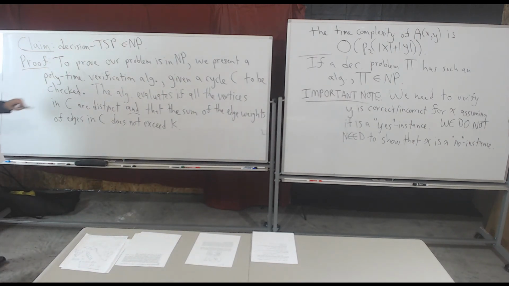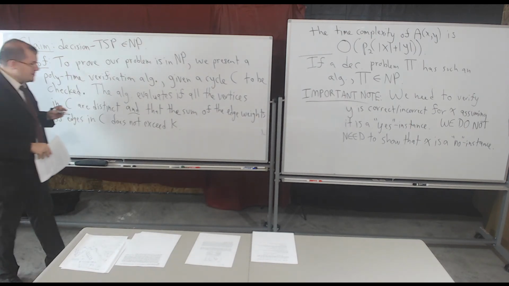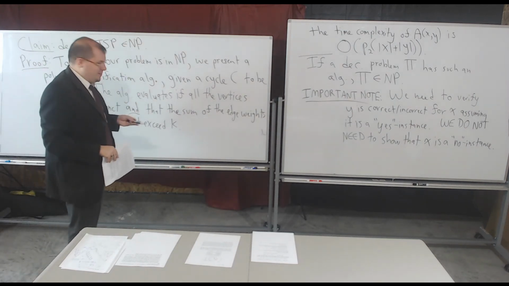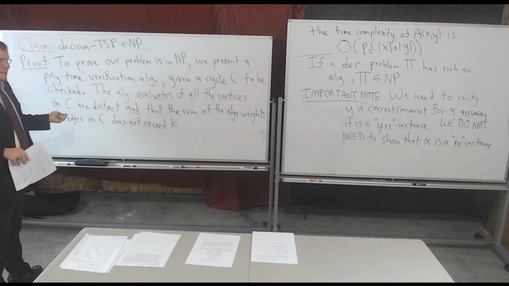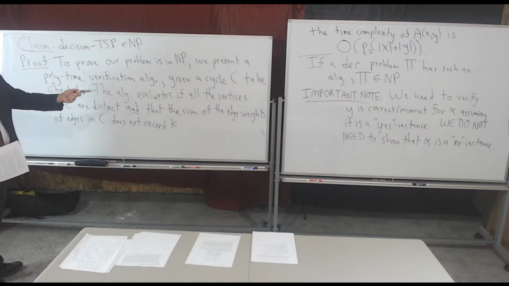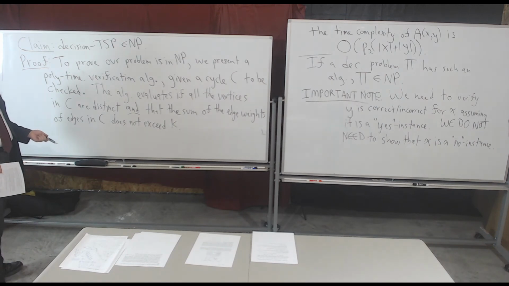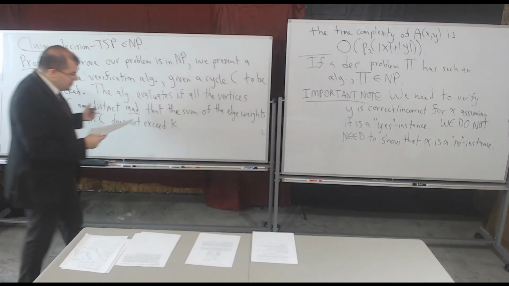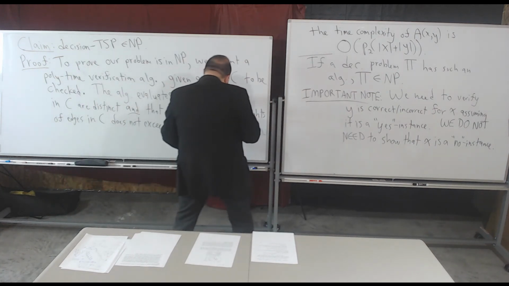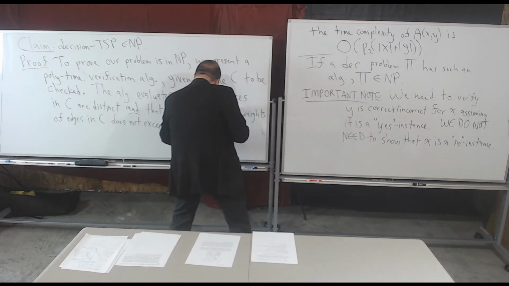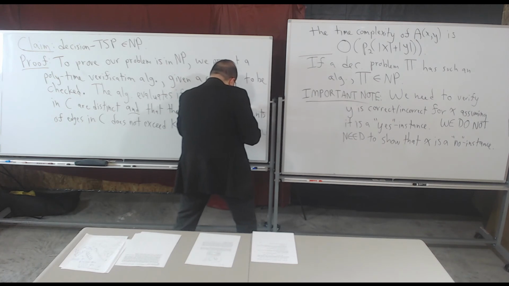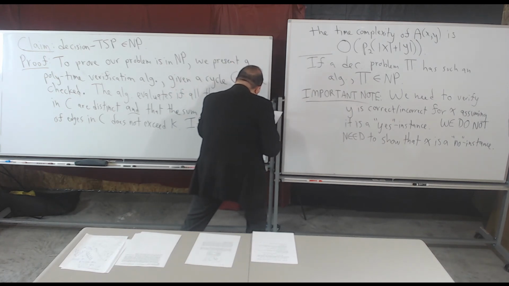As long as I check that all the vertices are distinct, we're okay. If you didn't have this assumption, you'd probably have to do something like a depth first search to verify the cycle, which you can still do in linear time. And we just have to check if our TSP tour is at most K. As long as we check these two things, what should we do? If true, then return yes.